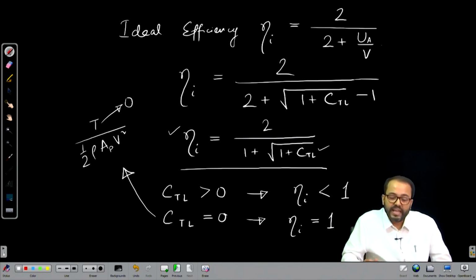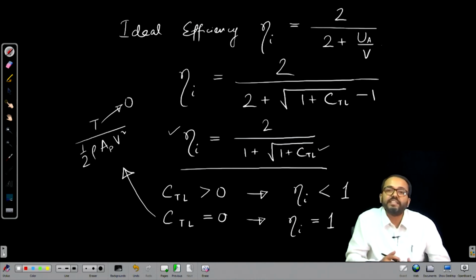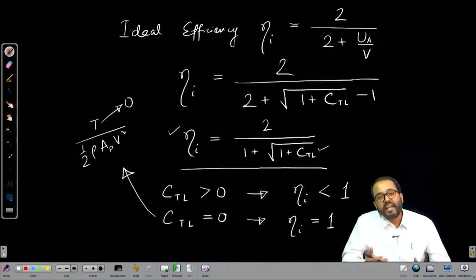Okay. So, another important thing that should be mentioned here is this is a very simplified assumption that in this axial momentum theory the propeller, or the disk, is not imparting any rotation to the flow. Now, what happens if we consider a rotation in the flow? If we do that, then the ideal efficiency will be slightly reduced by another fraction which will come from the rotational value.